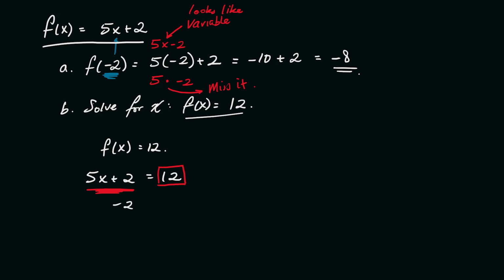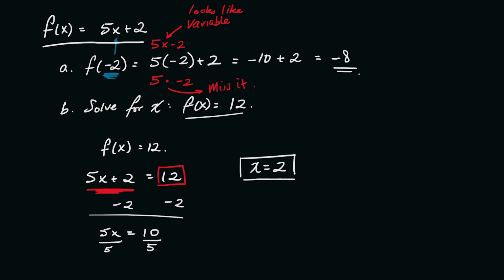So we're gonna minus 2 on both sides. That just equals 5x equals 10. And of course we're gonna divide by 5 just to isolate x, because that's what we want to find. So on the side we're gonna write x is equal to 10 over 5, which is just 2. So in this case, x is equal to 2.